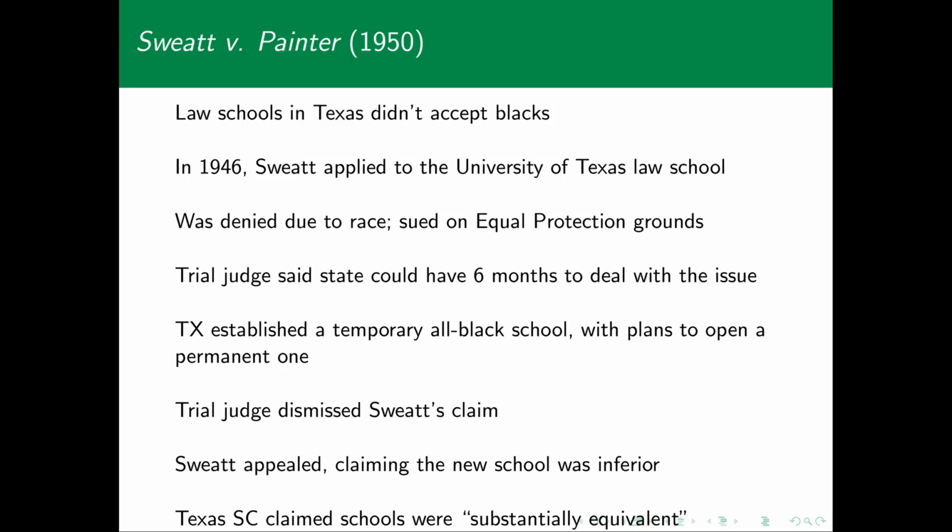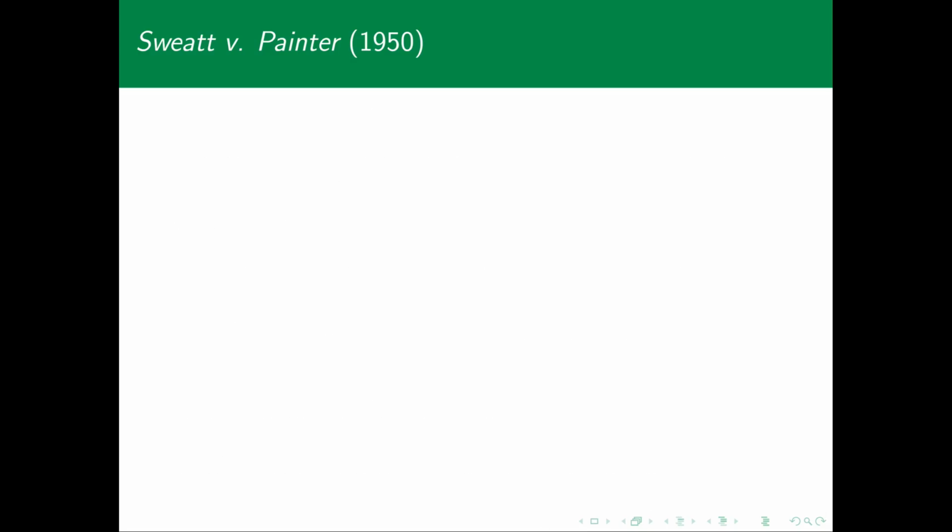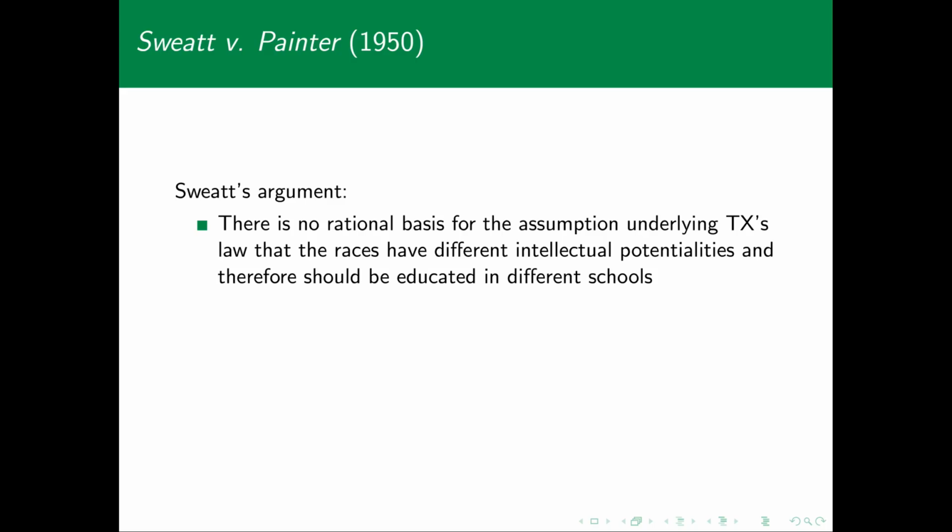Well, this gets appealed to the federal courts, and there, Sweat argued, first of all, there's no rational basis for assuming Texas's underlying law, the one that separated the races to begin with, that they have different intellectual potentialities and should therefore be educated differently.